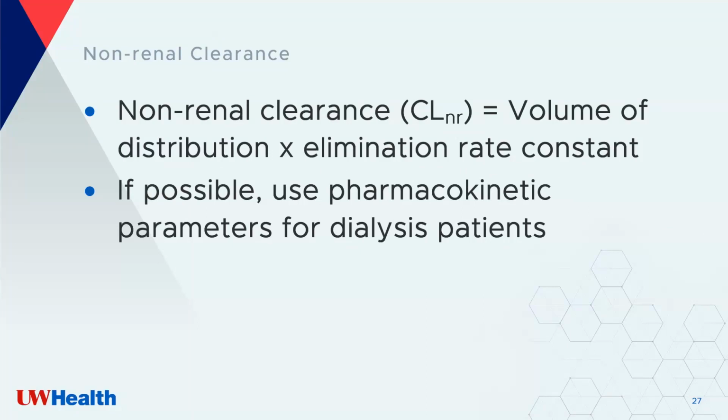For example, when we are looking at acyclovir, the half-life in adults with normal renal function is 2.5 hours, but in patients with hemodialysis, the half-life is 5 hours. So it is better to really use those pharmacokinetic parameters that are specific for our dialysis patients if it is possible.